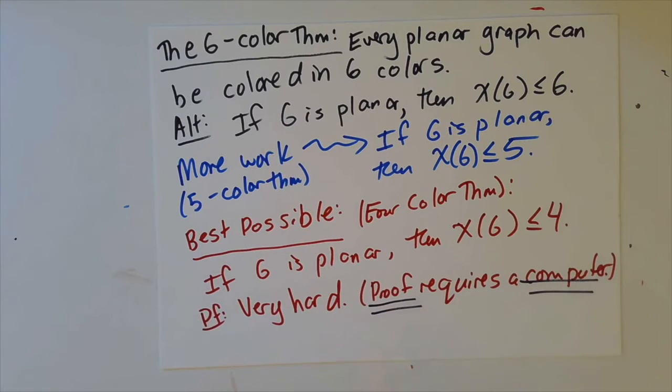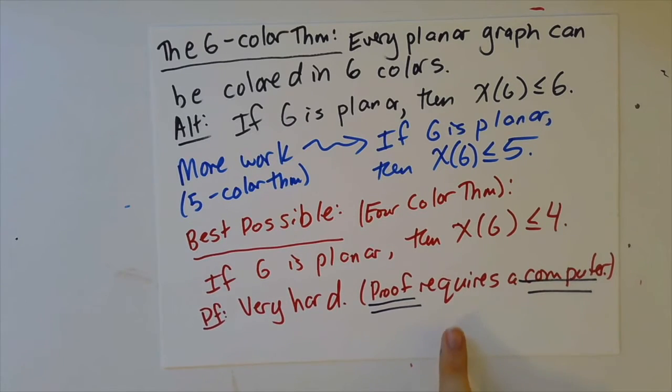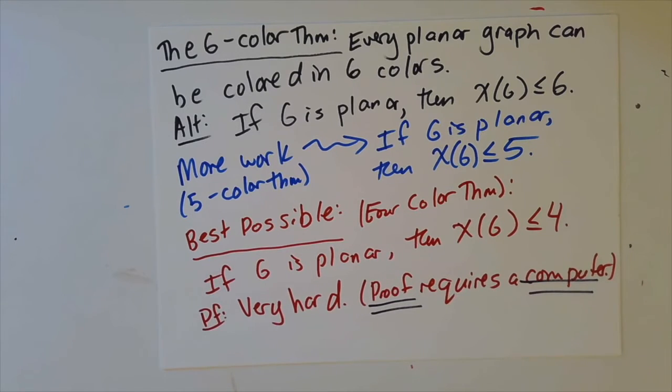The computer really does make a proof, and here's a basic outline of how that happens. When you go to prove this, you realize that it's going to be a case argument. And it's going to be a really ugly case argument. In fact, it's going to be a case argument with tens, if not hundreds of thousands of cases. And no human wants to do a case argument with tens, if not hundreds of thousands of cases.